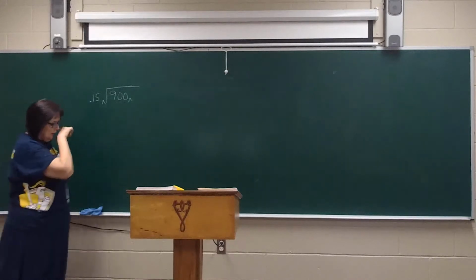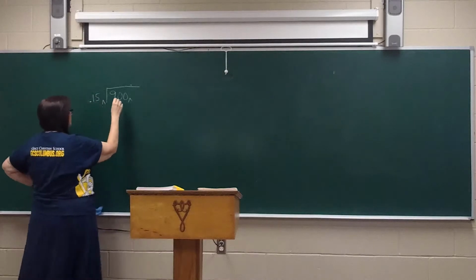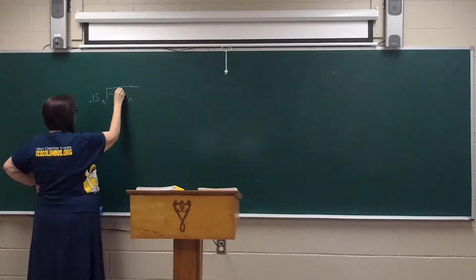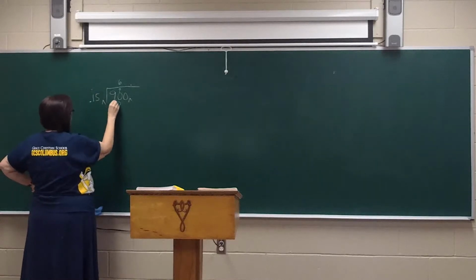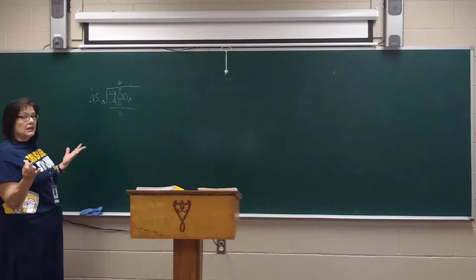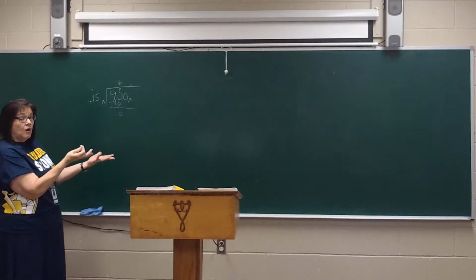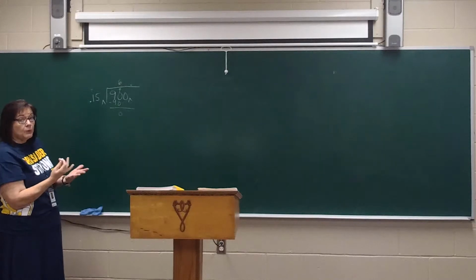And then 15 will go into 90 6 times. 6 times 5 is 30, 6, 7, 8, 9, that's exactly 90. So you're at 0, but remember I'm not done yet because I've got to fill up all my spaces all the way to the decimal mark. So that's another reason why it's really important you put your decimal in the right spot.